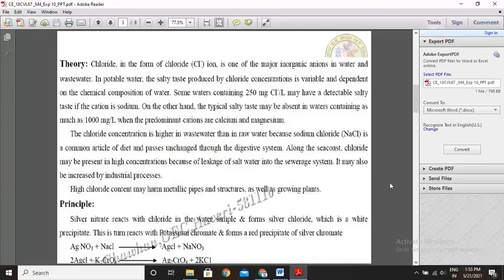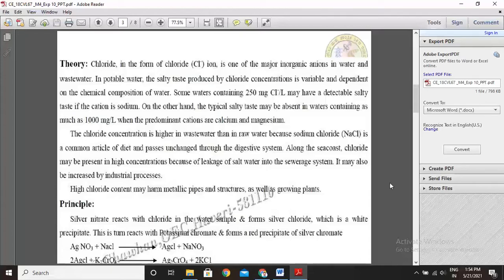The chloride concentration is higher in wastewater than in raw water because sodium chloride is a common article of diet and passes unchanged through the digestive system. Along the sea coast, chloride may be present in high concentrations because of leakage of salt water into the sewerage system.